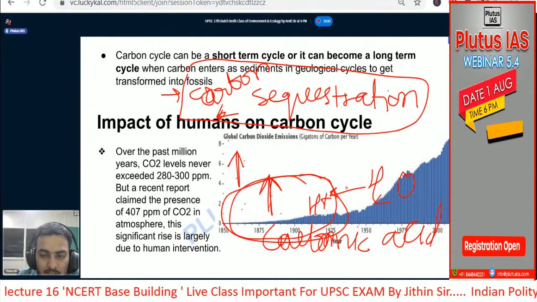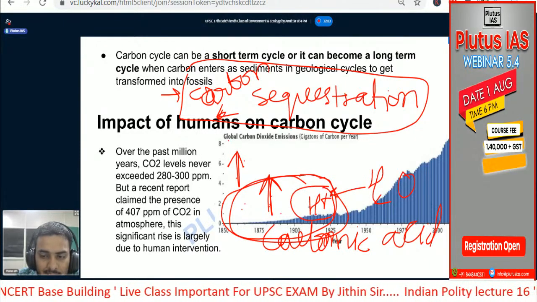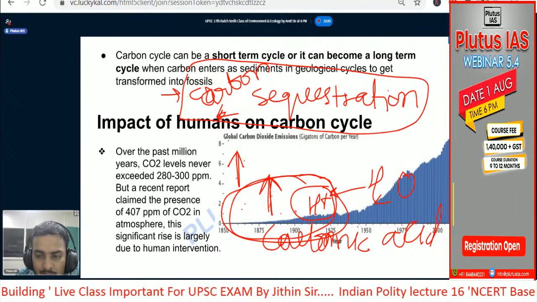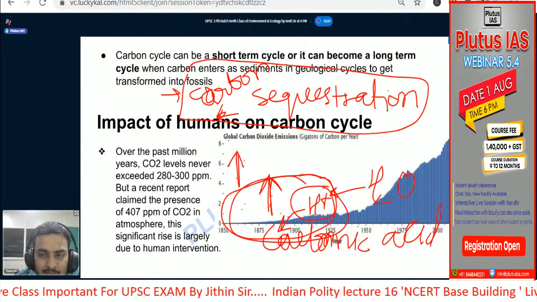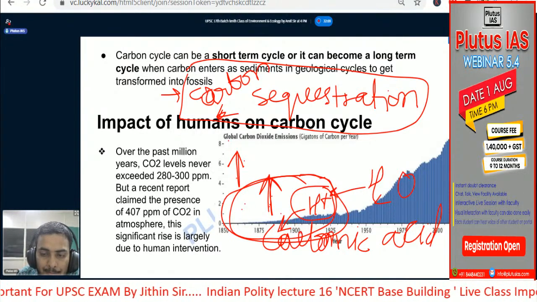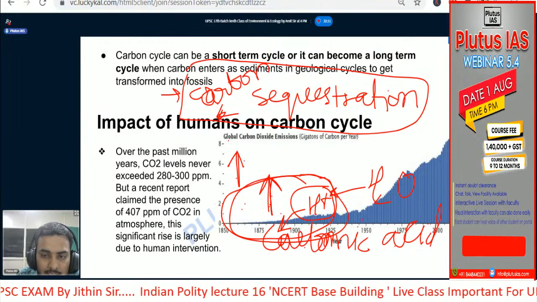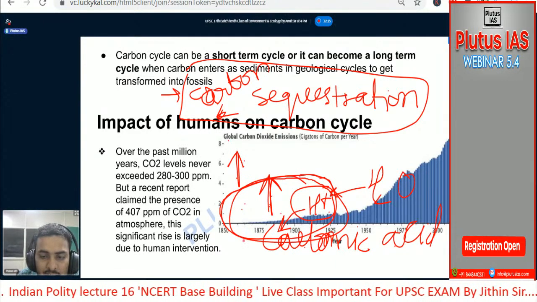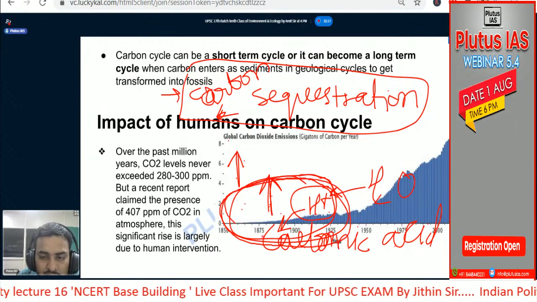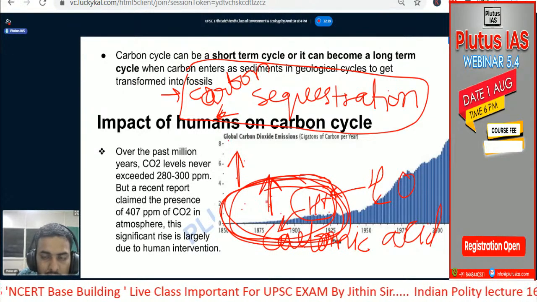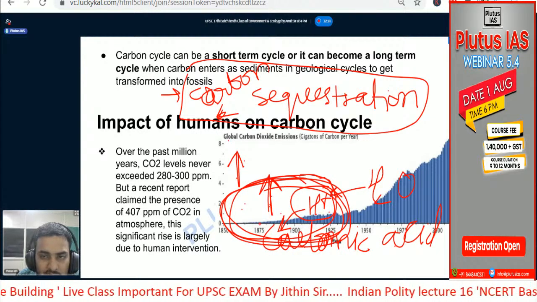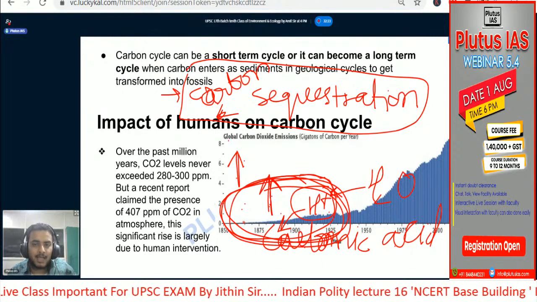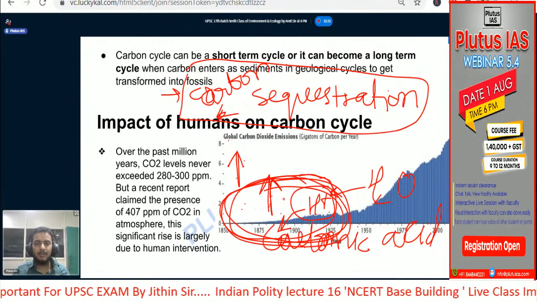So these H positive ions, when mixed with CO2, form a compound called carbonic acid, and this carbonic acid is leading to oceanic acidification, which is causing habitat destruction for aquatic animals.